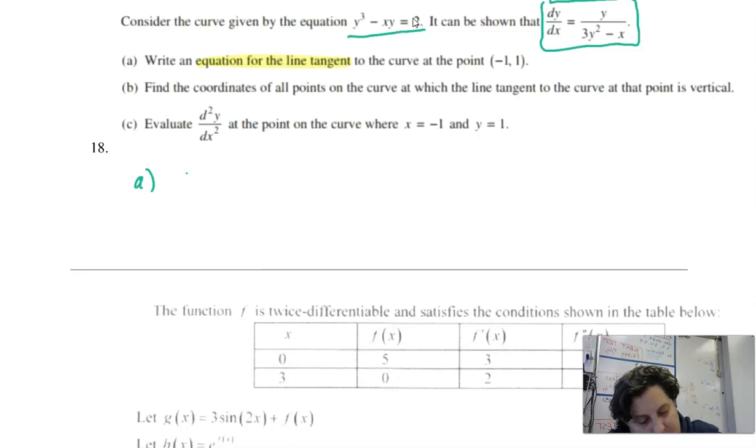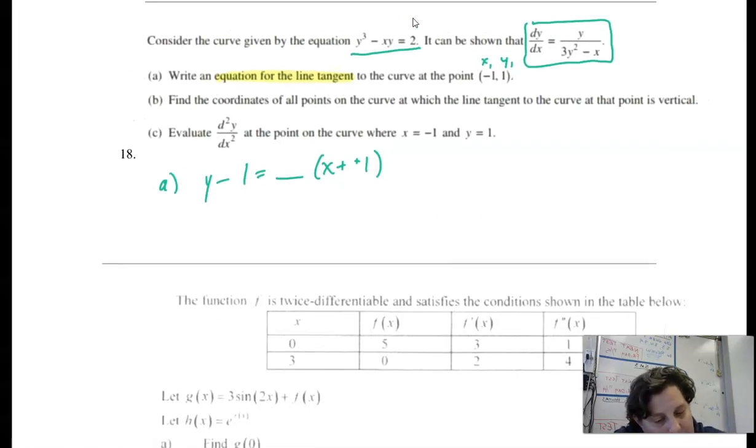Y minus y1 equals m times x minus x1, where this is x1, y1. The only thing I really need to find is m. Well, m is dy dx. So when I come up here, if I plug in 1 for y and I plug in -1 for x, I end up getting 1 over 4.